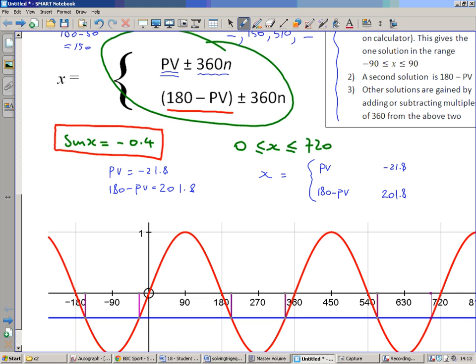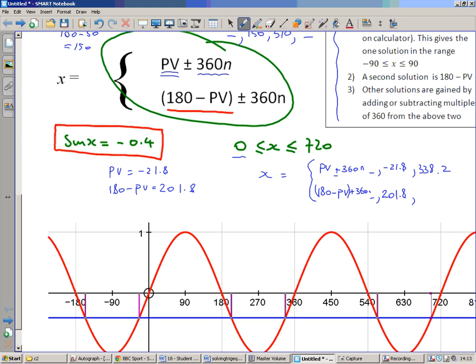But of course, we can add on or take away multiples of 360 to those values. In this case, I'm only going to add 360 to it because I'm not interested in negative values because of the inequality. So minus 21.8 plus 360 is 338.2.